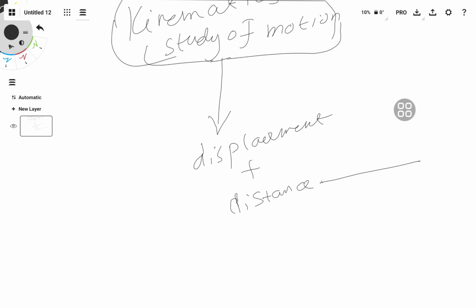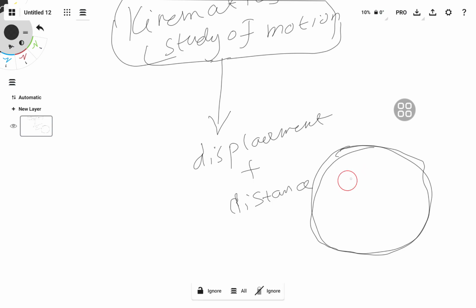Distance is basically like if we have a map, this is the total distance this area has, like we calculate the surface area, and it's like 1 meter square.